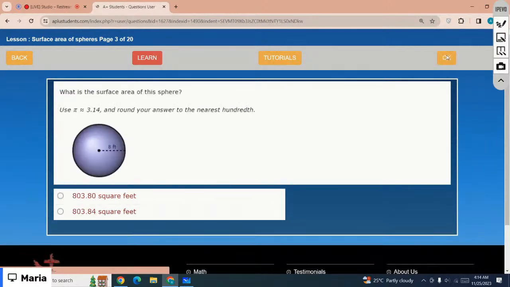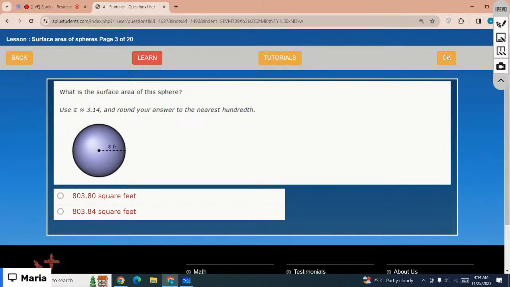Okay, the next one is, what is the surface area of the sphere? So use your notebook and pencil, do the calculations in your notebook and let me know the answer. The question is, you have to calculate the surface area, volume of the, no, we are working on the surface area of the sphere.